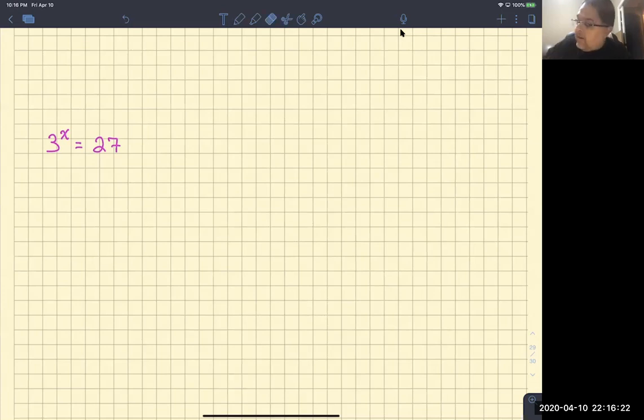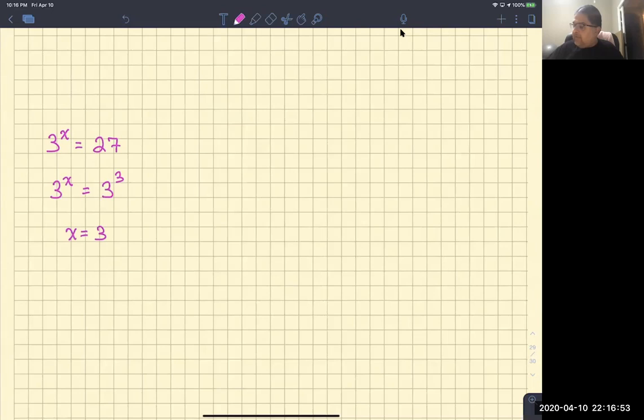And the easy way to write 27 using base 3 is that 27 is 3 cubed. Now, based on my one-to-one property, if 3 to the x equals 3 cubed, that must imply that x equals 3. And these types of equations can get pretty elaborate.